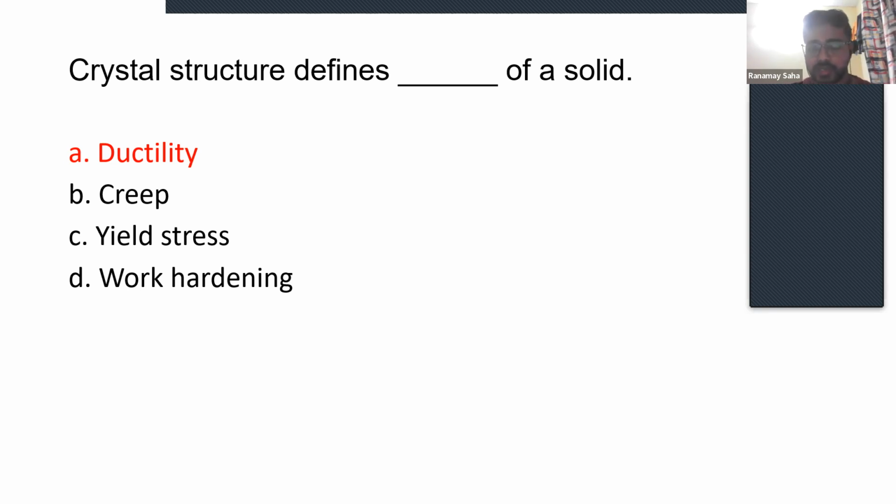All these are defined by the crystal structure. Creep, on the other hand, is related to temperature, deformation at high temperature. That's not related to crystal structure. Work hardening, strain hardening, we discussed last time. That is not related to crystal structure. Other things depend upon the external force applied on the crystal. So ductility is the correct option.